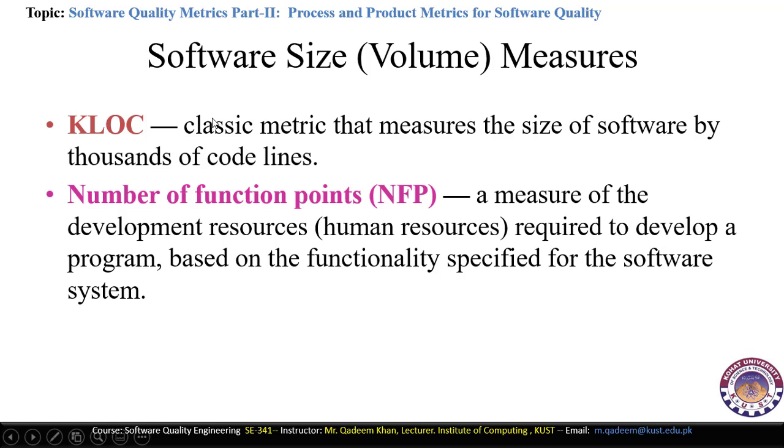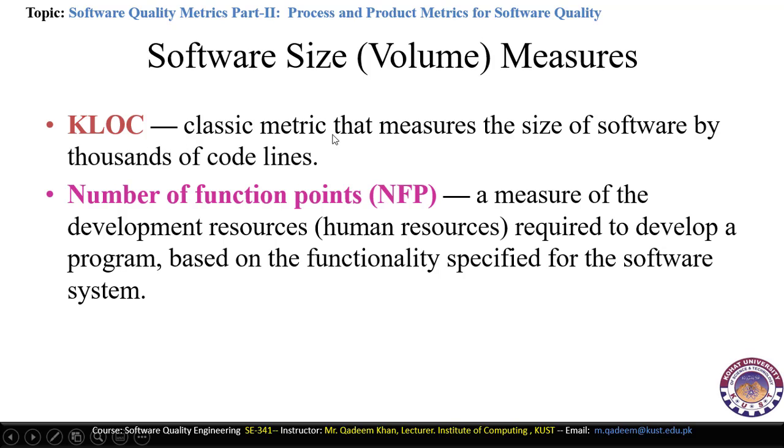For example, C#.NET contains lines of code, and here all the statements are listed. And in every class, which contains certain code, all the code lines are numbered, and these numbers are properly counted, and these numbers are represented in the metric called volume metric or the size metric, and that is measured in the kilo line of code.